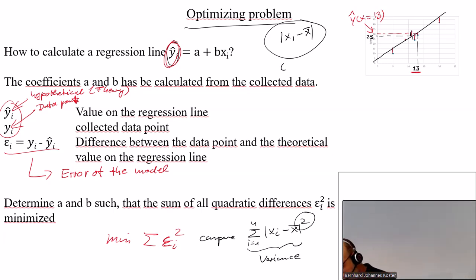Or why don't we choose xi minus x bar to the power of 4? This is also doing the job. Or to the power of 8. Yeah, every even number would do the job.